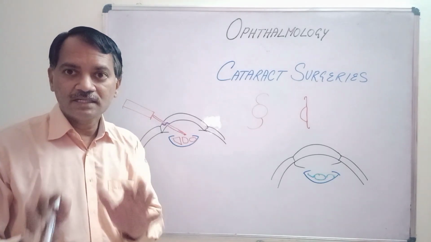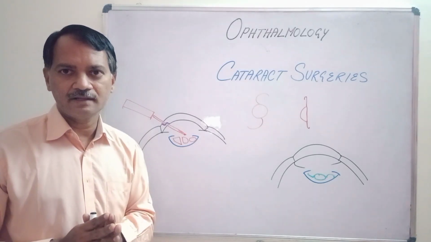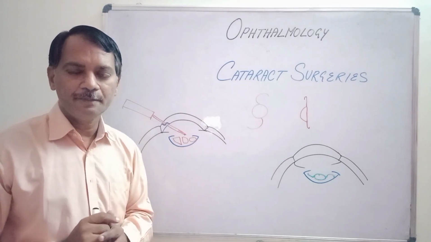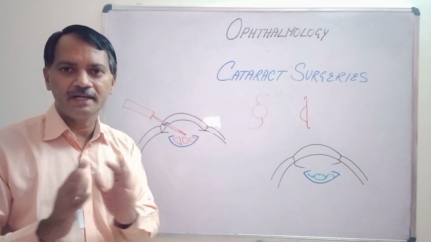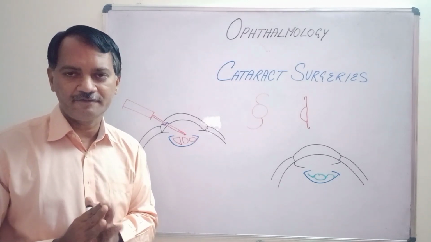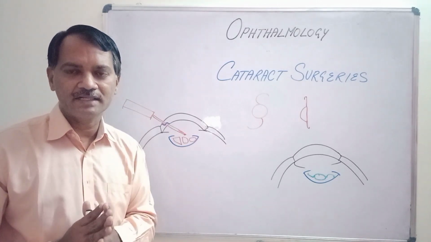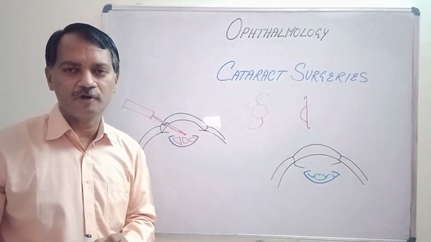So the surgery is costly for the patient, but the advantage is the patient will recover very fast from the surgery. Post-operatively, the patient will not have any big astigmatism requiring spectacles for correction.